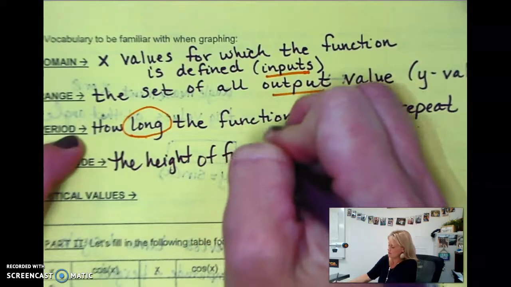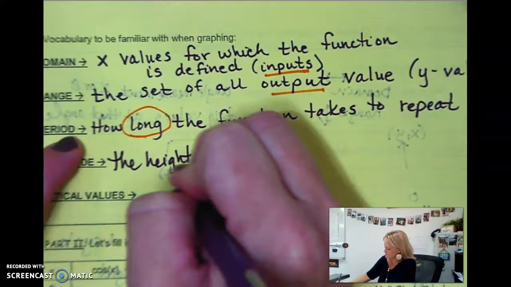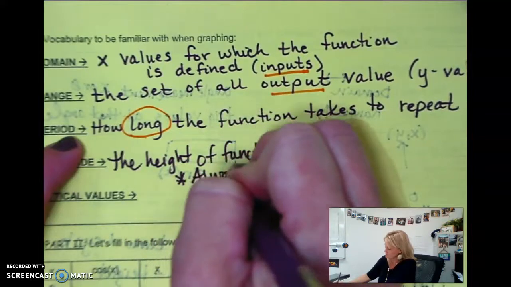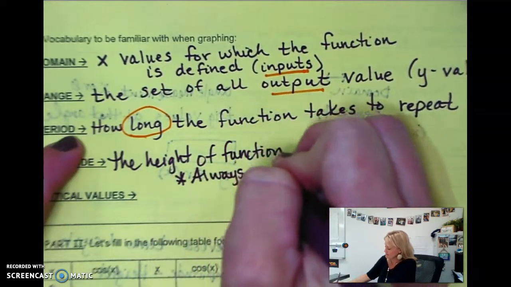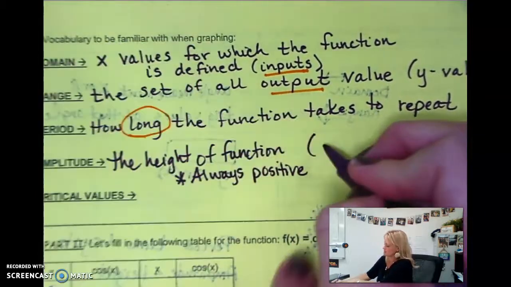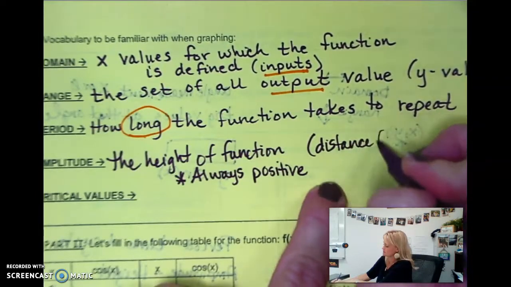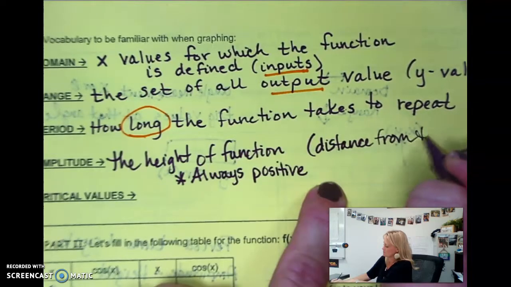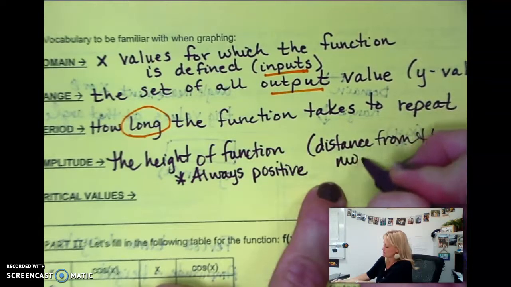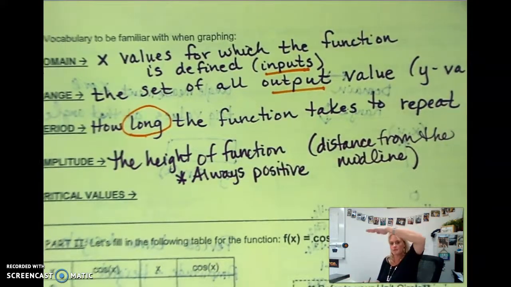And remember, when we're talking about measuring, it's always positive. And then the other thing that you want to maybe make note of is it's the distance from the midline. And we kind of talked about that already. When you cut the graph in half, it's the same up this way as it is down that way.